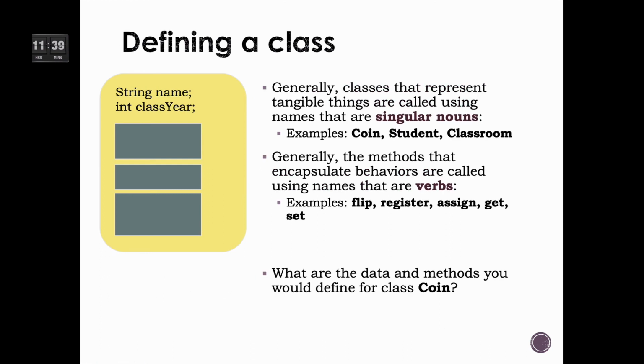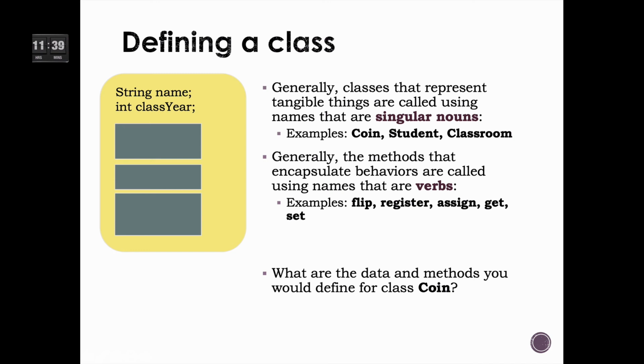Let's try to think of examples of classes you could create, an object you could create. Imagine that you could create an object, let's call it coin. All right, you have to figure out what a coin needs to be represented.